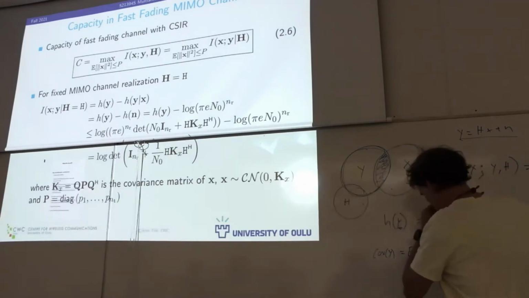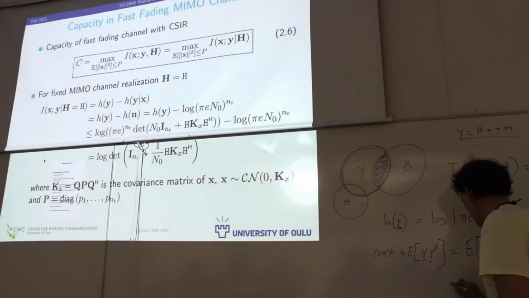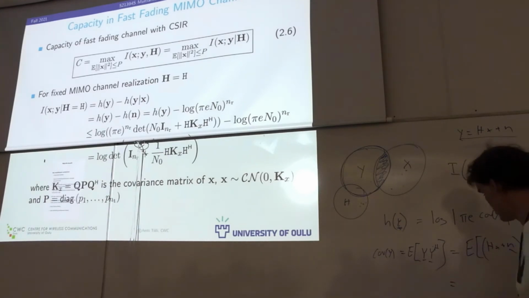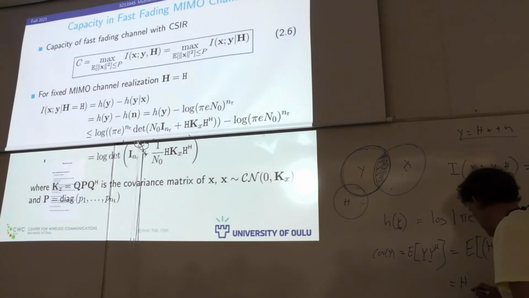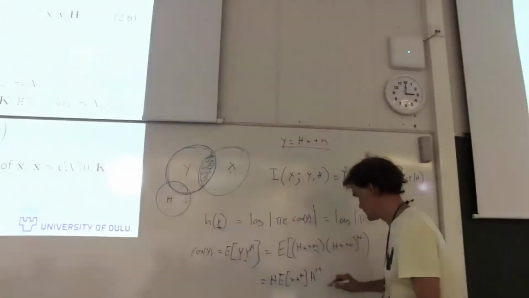So what is the covariance of y? We just plug in the expression for y. So we have the expectation of (Hx plus n) times (Hx plus n) Hermitian, right? And then we can just expand, assuming that H is fixed. The first term will be H times the expectation of x x Hermitian times H Hermitian, right?